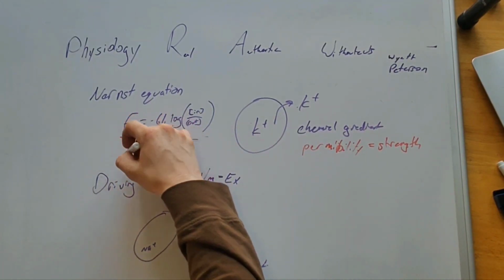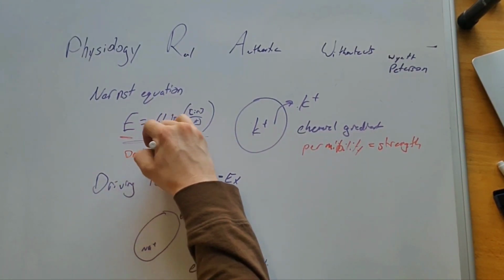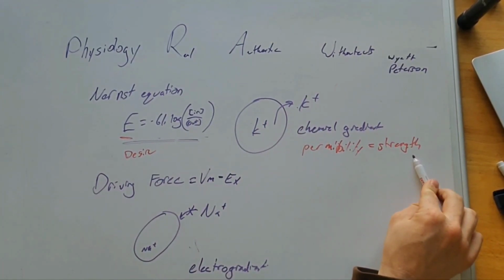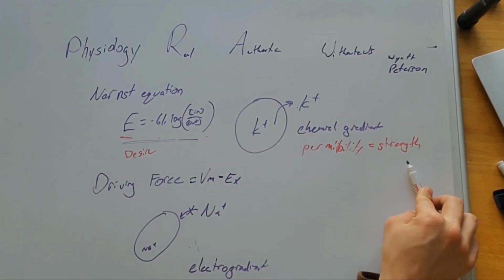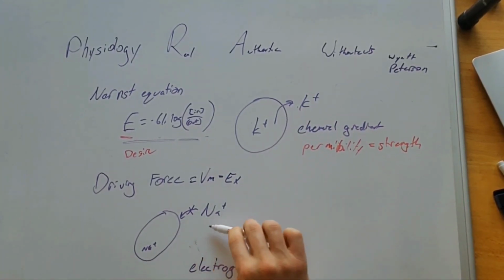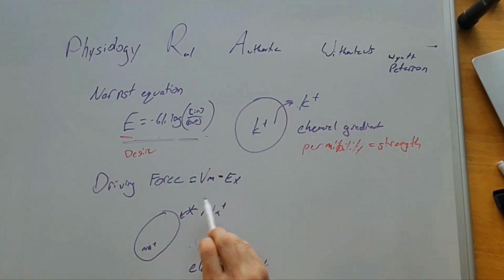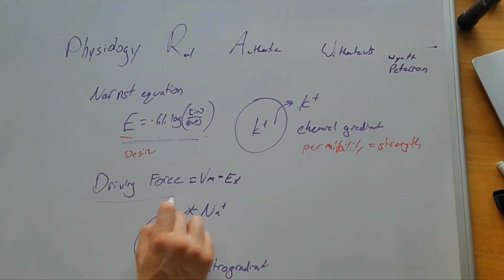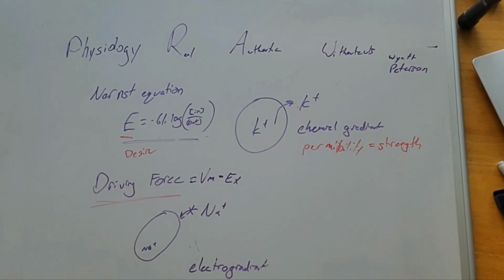So this number is going to give us the desire of the ion, and permeability is the strength. Since it's not permeable, it shows where the ion is and where it wants to be. So where the ion is compared to where it wants to be, it gives us a value to show that.